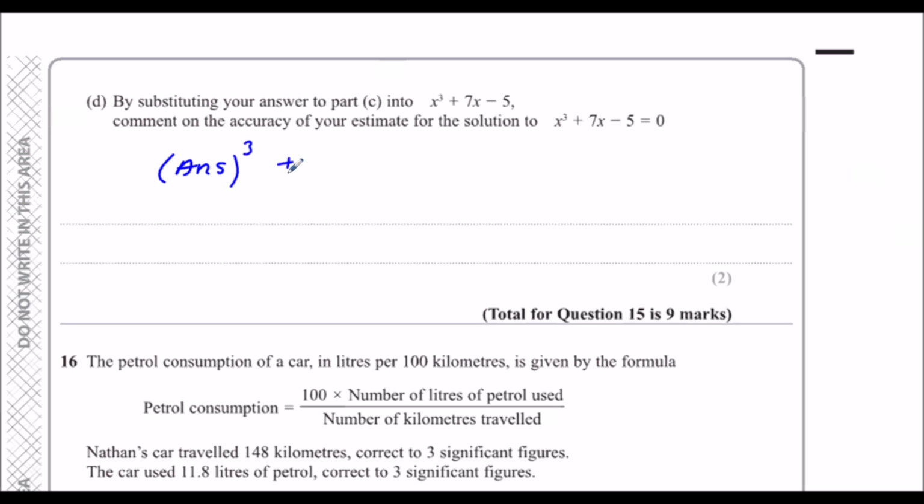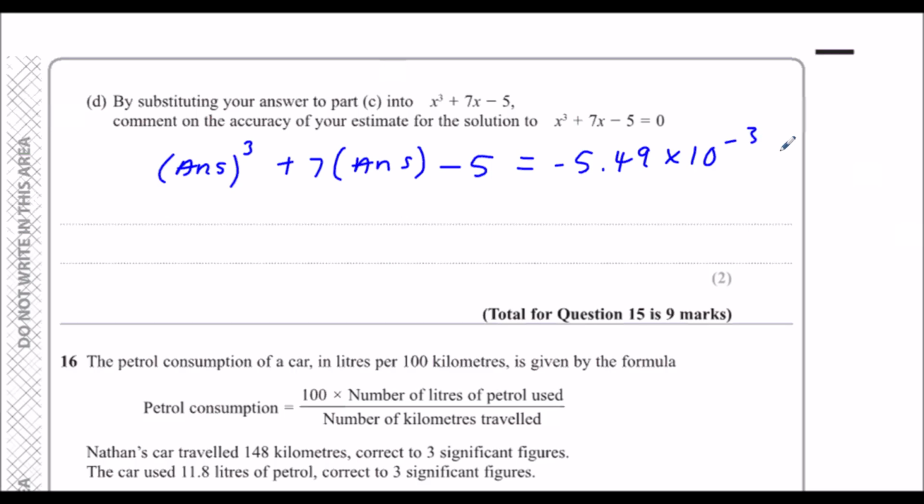Answer cubed plus 7 answer minus 5, and that gives me minus 5.49 times 10 to the power of minus 3.